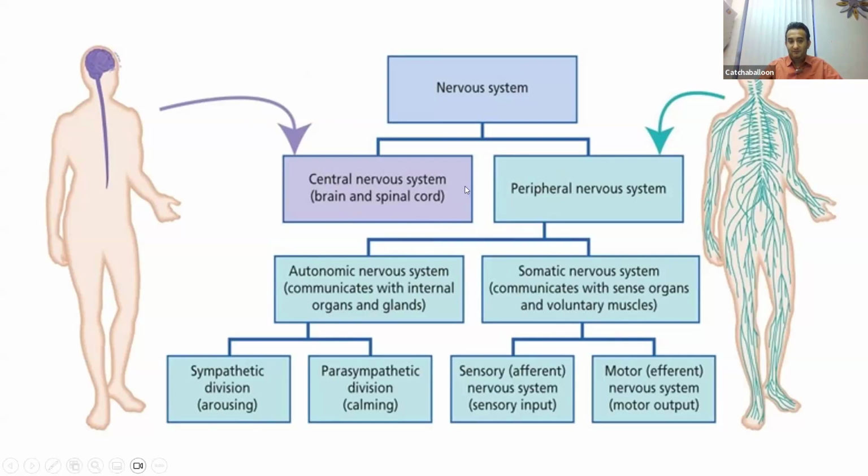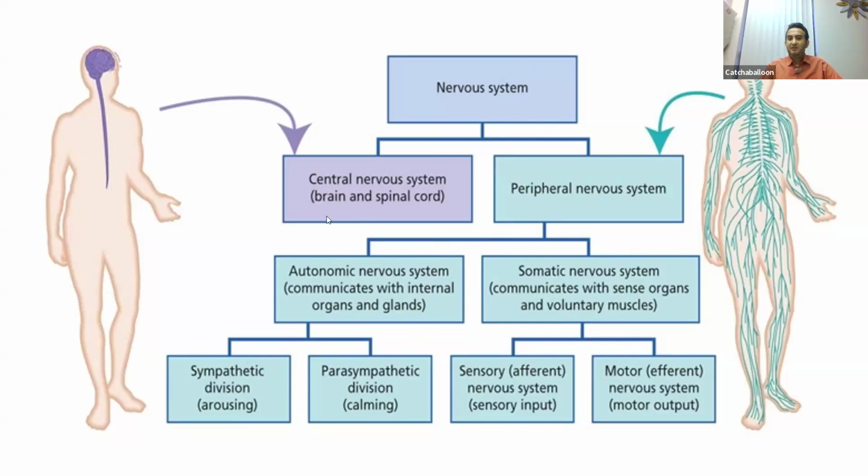So it is very important to know the difference between them. For example, when you are frightened or scared, or there's a palpitation in your heart, or when you have run so fast, or when you are sweating, all of them are the peripheral nervous system, sympathetic or parasympathetic system. Yes?